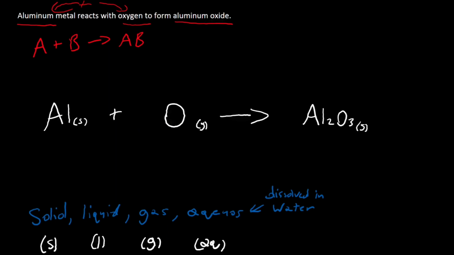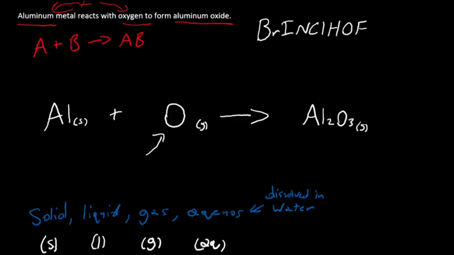Next, I see something wrong with this oxygen. Just having this O here suggests that there is one oxygen atom present in the equation. However, we must remember that oxygen and a couple of other elements are diatomic. You're probably familiar with the term Brinkelhoff, which is simply an amalgamation of all of the diatomic elements and their chemical symbols.